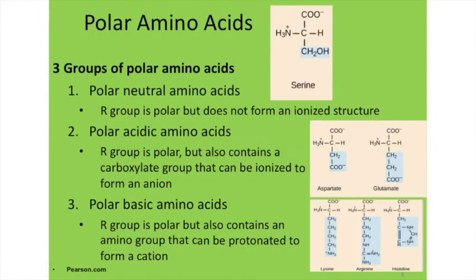Okay, so for polar amino acids, we have three different types. We have polar neutral amino acids where your R group does not have a carboxylic acid functional group or an amine functional group to become ionized. Your polar acidic amino acids contain a carboxylic acid group in the R chain, and a carboxylic acid group looks like that.